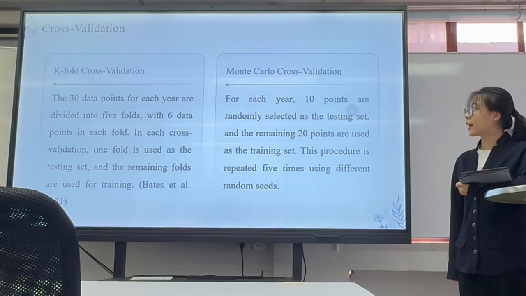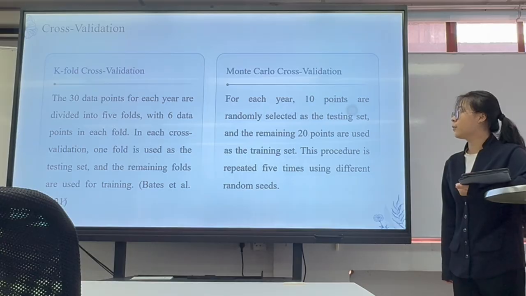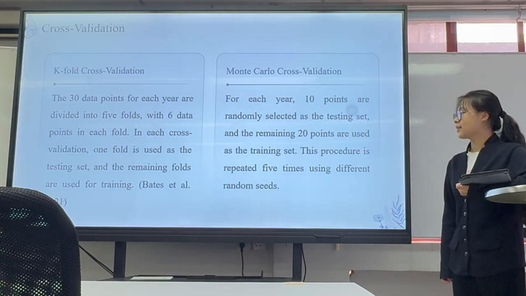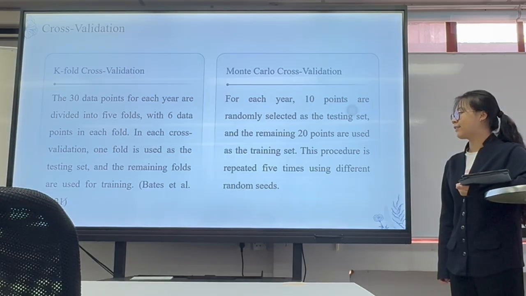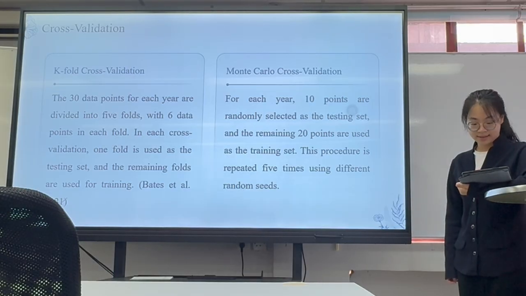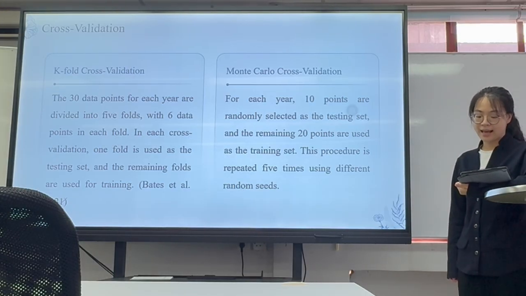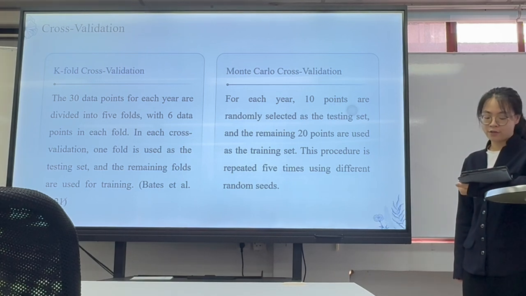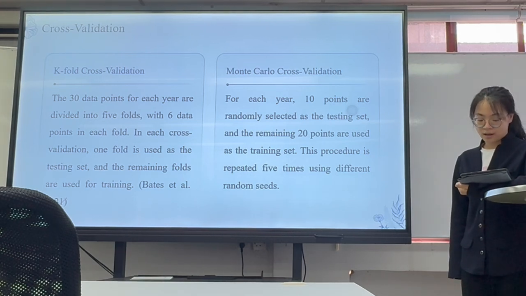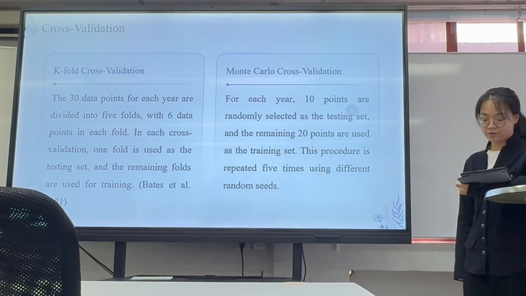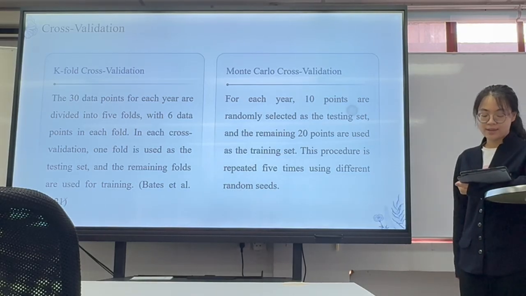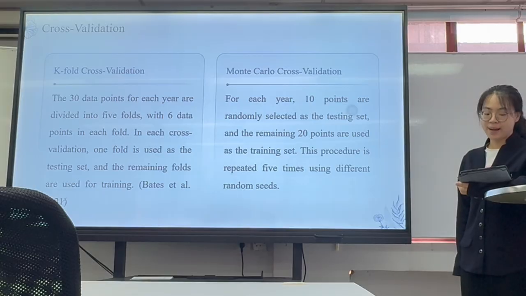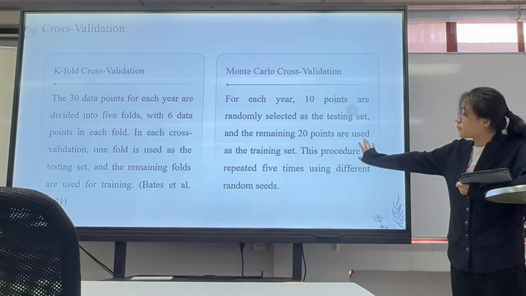Another is Monte Carlo cross-validation. For each year, 10 points are randomly selected as the testing set, and the remaining 20 points are used as a training set. This procedure is repeated 5 times using different random sets. Monte Carlo cross-validation complements K-fold cross-validation by offering diverse random partitions, which are particularly useful when the dataset may exhibit spatial imbalance.